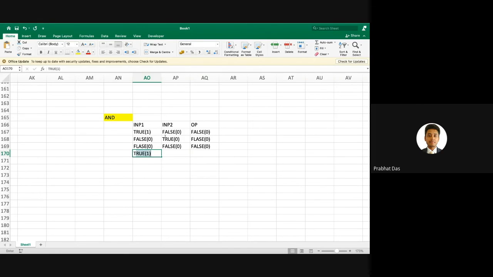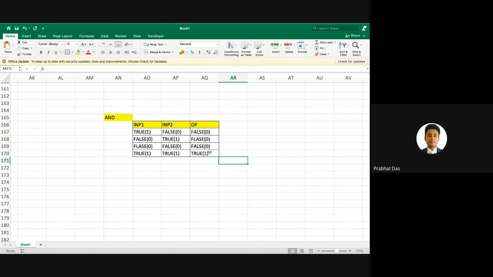But what if we get both the values as true? If both the values are true, we'll get the output as true. So this is the case for the AND operator.